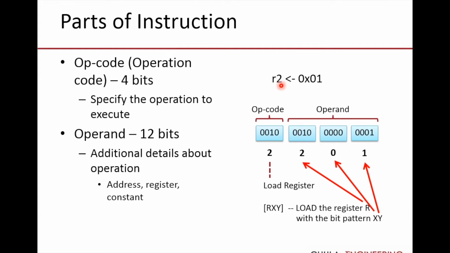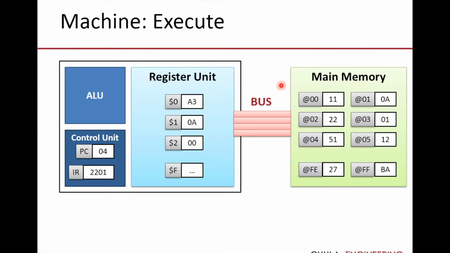After we execute this instruction, register 2 will contain the value 01. Let's take a look at how it executes this instruction.